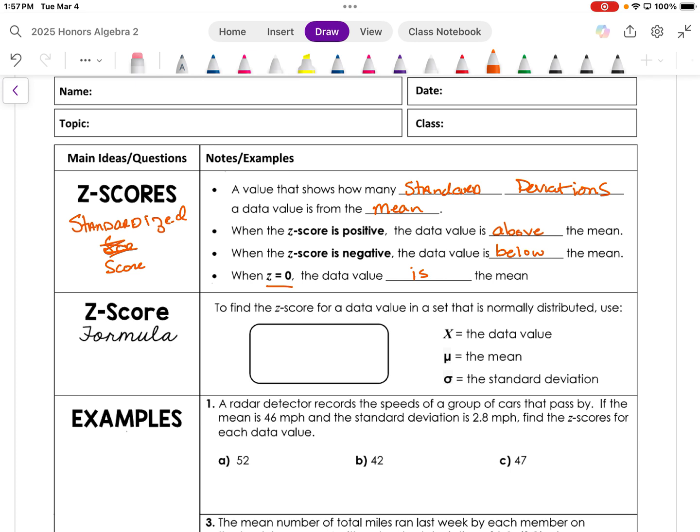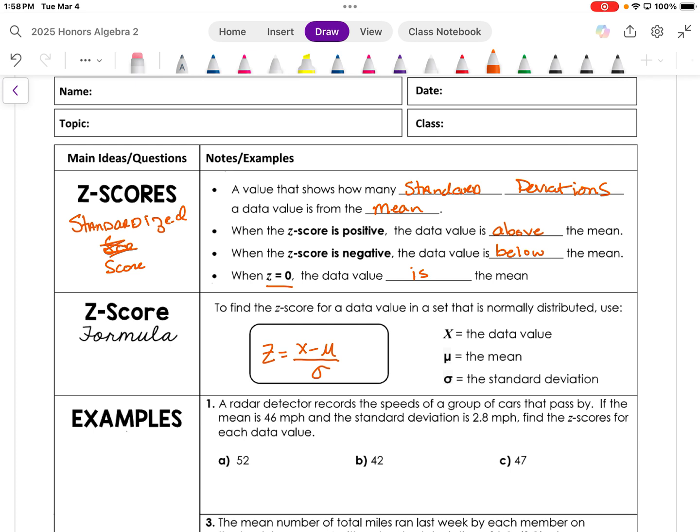So what is the formula? Your z-score is equal to, I'm going to use their symbols here, x minus mu over the standard deviation. And again, I usually write this down for my classes.